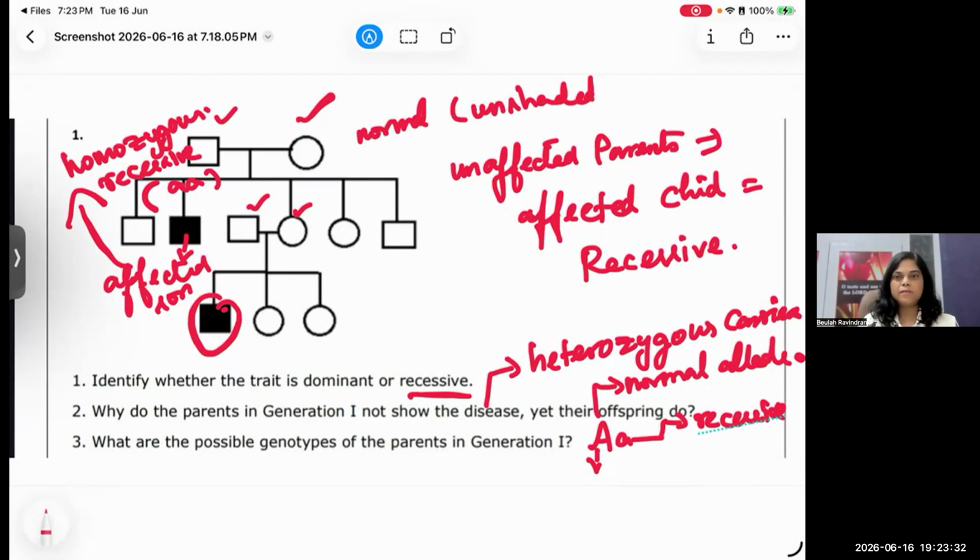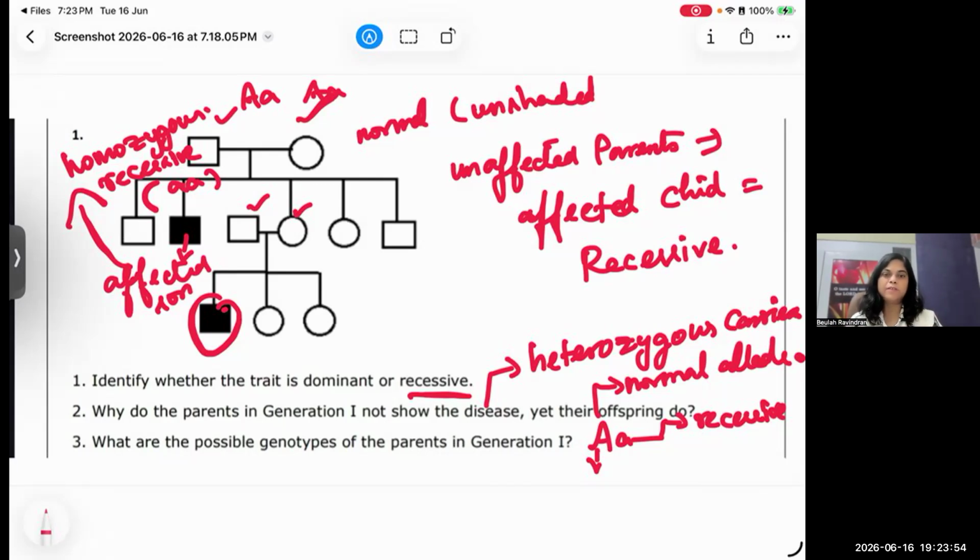That's what happened here. Since both the parents are phenotypically normal, they must also possess a dominant A allele. Therefore, the only possible genotype for both generation 1 parents is Aa. Are you able to understand? This is what happened.